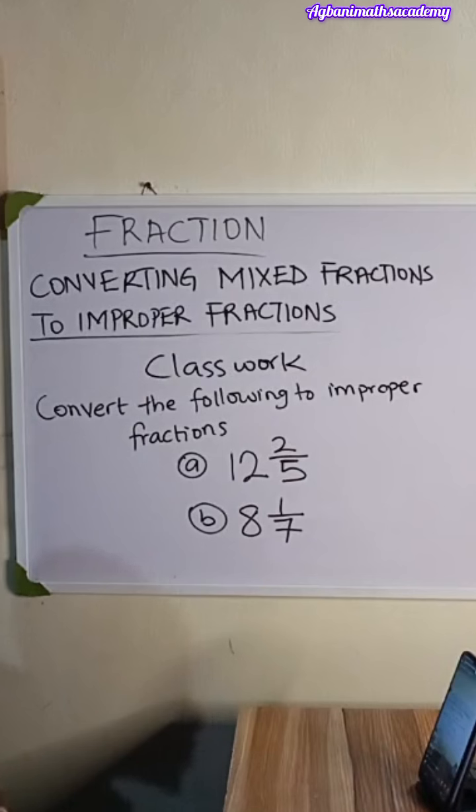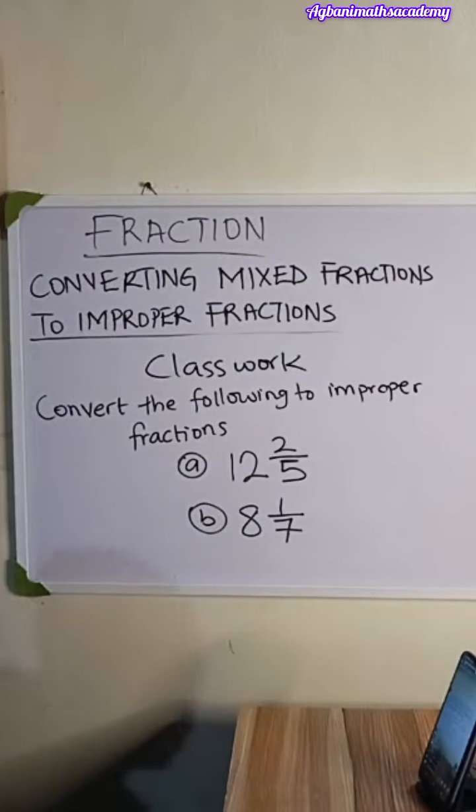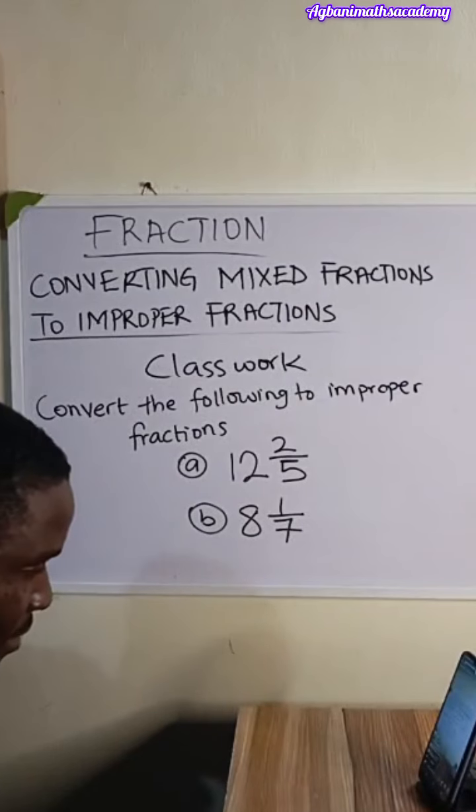8 times 6, 48. 8 times 7, 56. 8 times 7 is 56 plus 1. Okay. So the answer should be 57 over 7. Does anybody else agree with that? Or does anybody disagree?